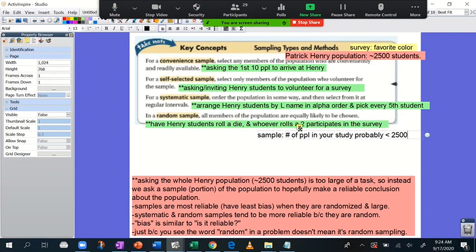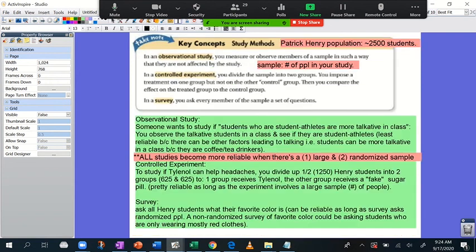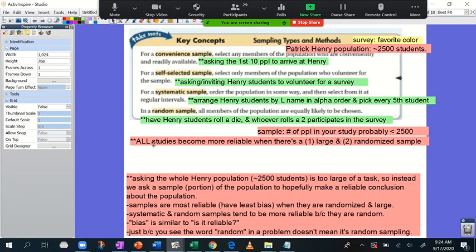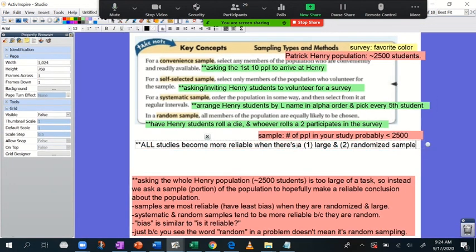I know I don't. So we're going to try to pick a sample that is large and randomized.